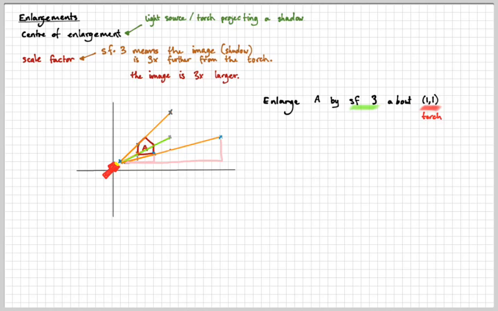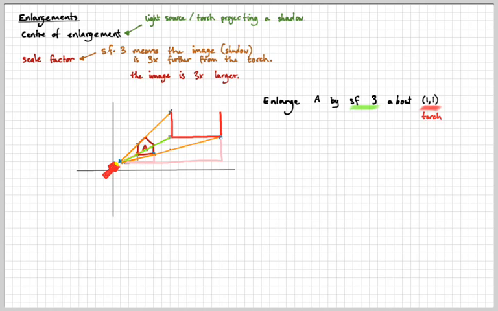So if we look at that base length, for example, that base length in the original house was just 2 squares across. So in the new house, it's going to be 6 squares across. And if you look at the side length of the house, that was 1 square up originally. It's now going to be 3 squares up. The far side is also going to be 3 squares up.